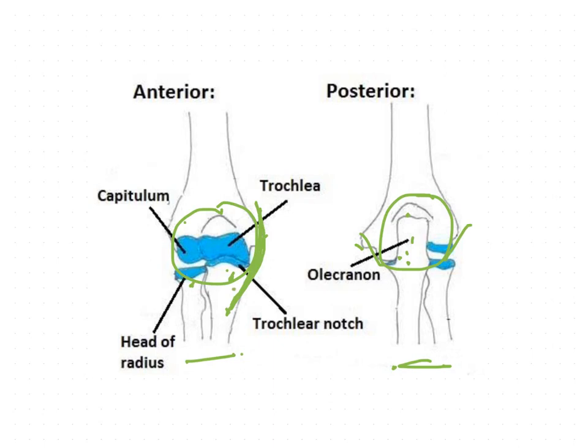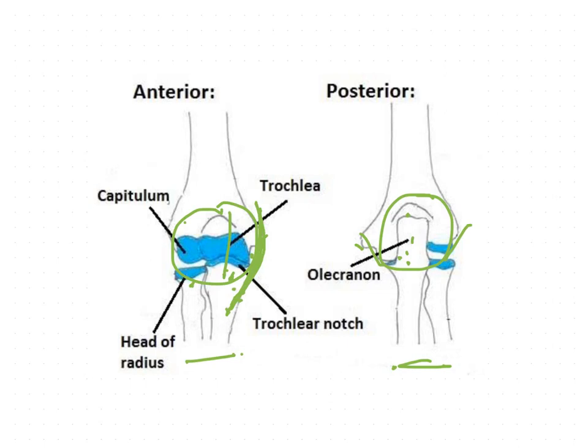So this valgus stress in full extension is resisted by the medial collateral ligament, the anterior joint capsule and the bony components. These three structures resist the valgus stress in full extension.